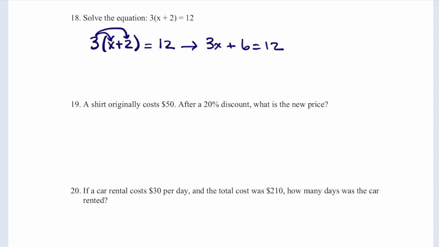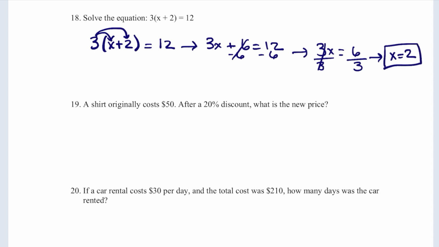So again, same as the last problem, we want to get x alone on one side of the equation. So first thing we're going to do is minus 6 from both sides. This is going to give us 3x equals 6. Then we're going to divide 3 by both sides, so that cancels out. And we're going to get x equals 2. And that is your answer.